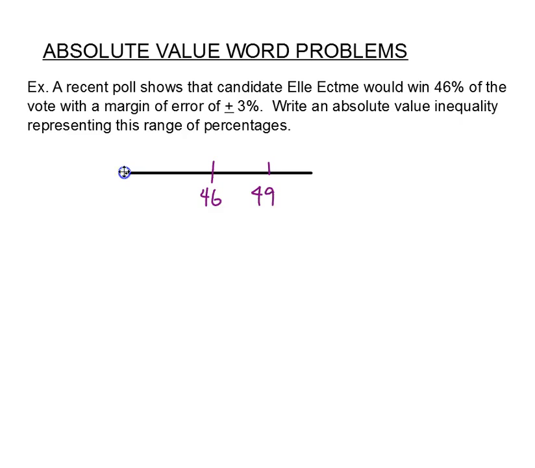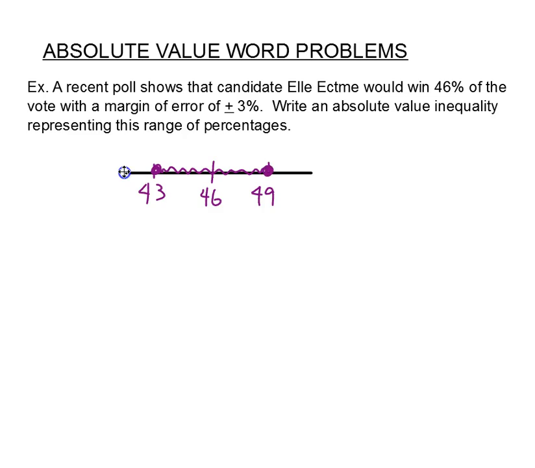They could also be 3% lower than 46%, so down to a low of 43%. So the actual candidate's vote would be anywhere from 43 all the way up to 49, including both 43 and 49.